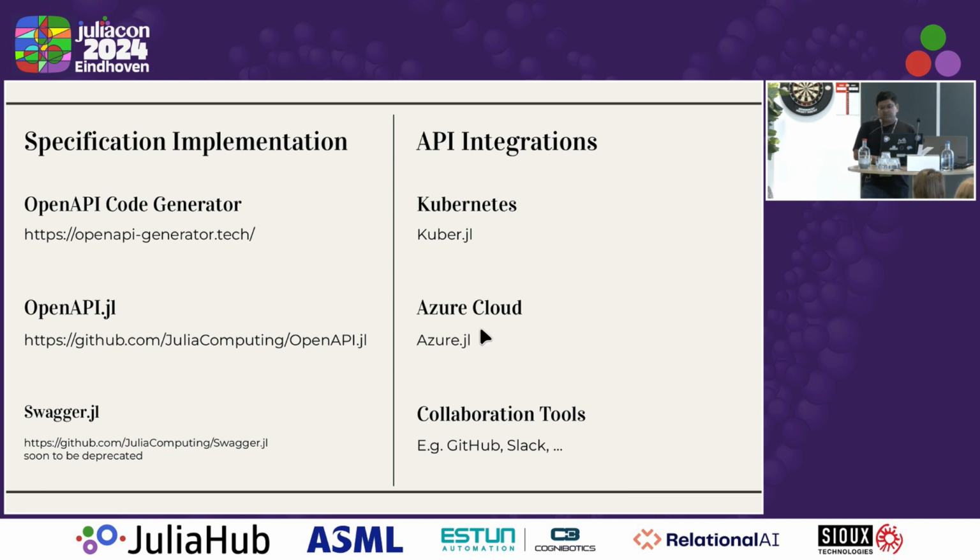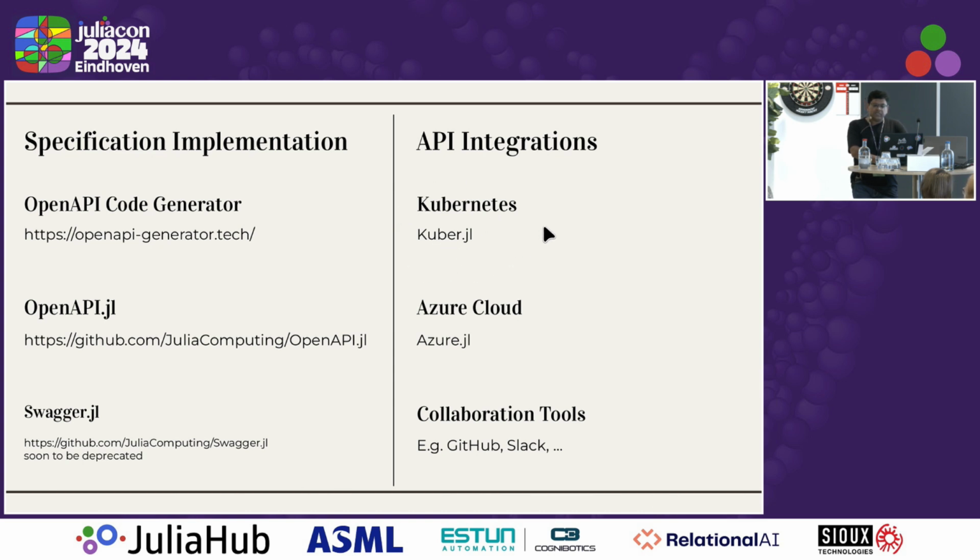Now I have mentioned a few other packages as well here, which are the API integrations. They are the things that are generated using OpenAPI.jl. I just thought I should mention it here because these are very large specifications.